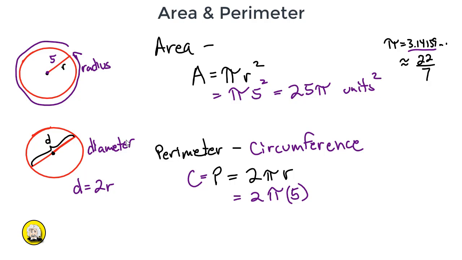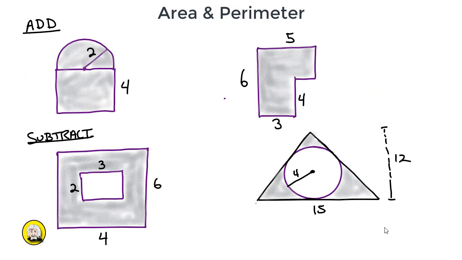We could also express the circumference as just pi times the diameter, knowing that the diameter itself is 2 times r. That covers the basics of area and perimeter for a few common shapes. However, on the real exam, you're going to have to combine shapes and add them together or subtract them to figure out what different shaded areas are, so it has a new or different layer of complexity.